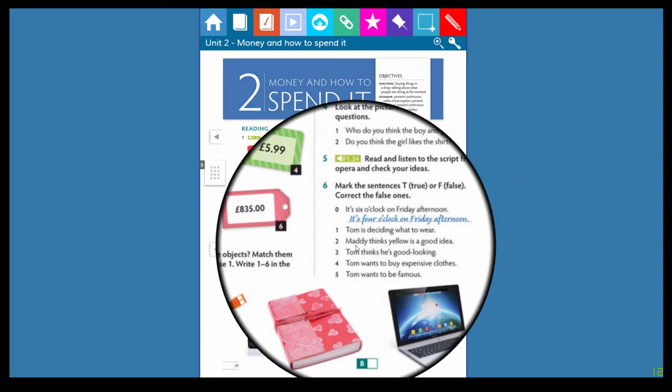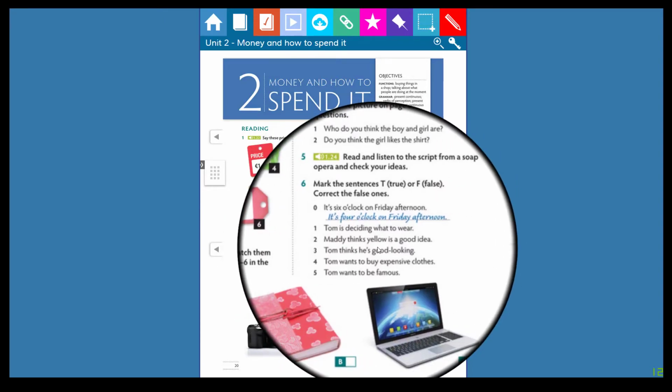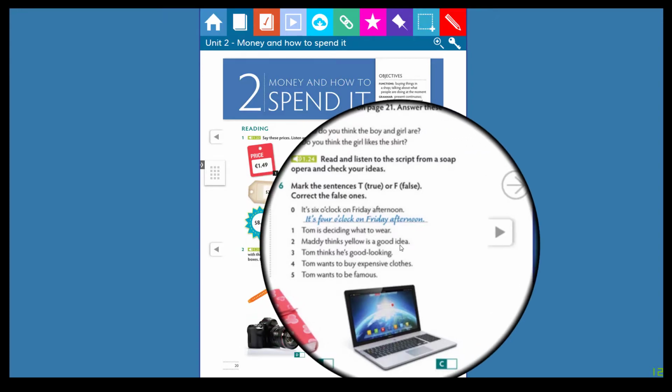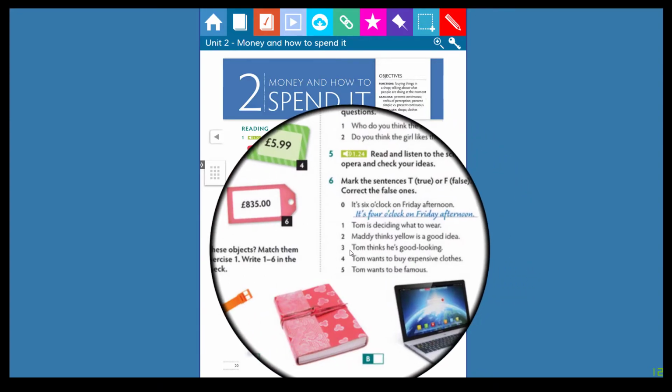Number 2. Maddie thinks yellow is a good idea. What do you think? False. She thinks it's a bad idea or a terrible idea. Number 3. Tom thinks he's good looking. What do you think? False. He thinks he's not good looking.